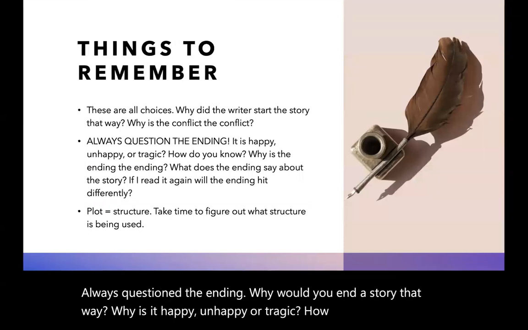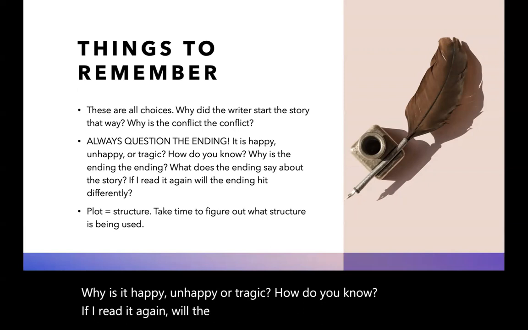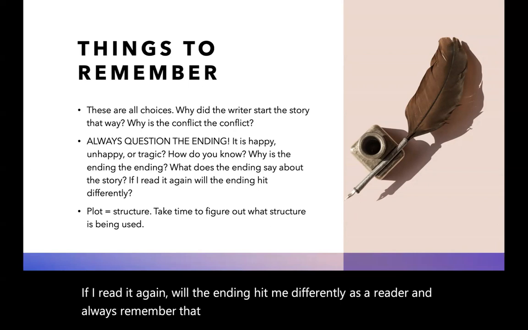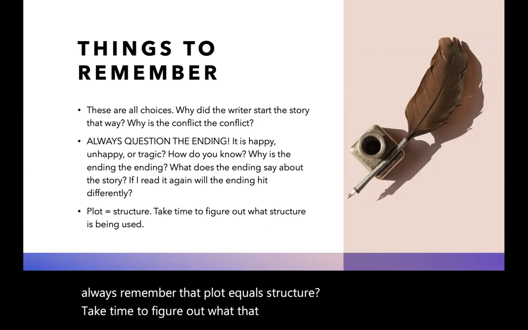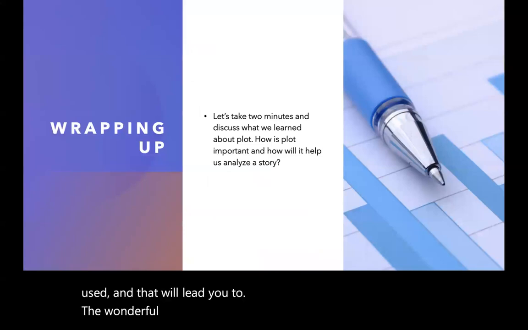How do you know? If I read it again, will the ending hit me differently as a reader? And always remember that plot equals structure. Take time to figure out what that structure is and why it's being used, and that will lead you to the wonderful argument there.